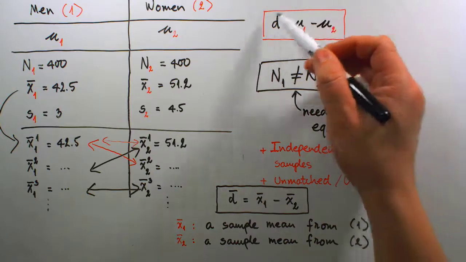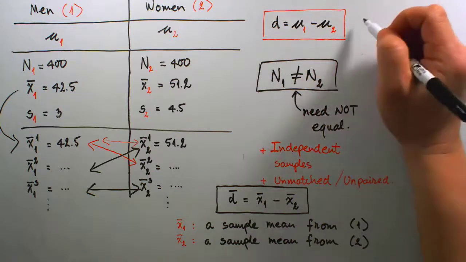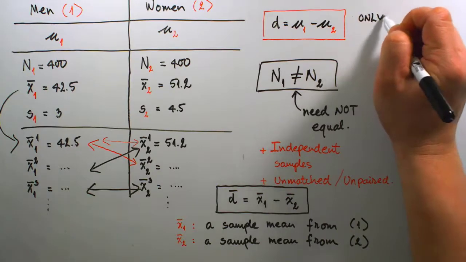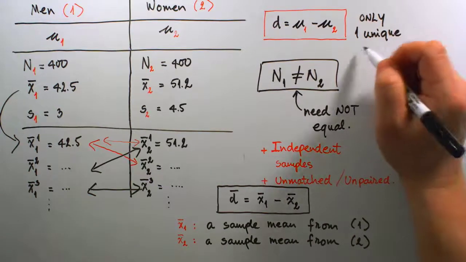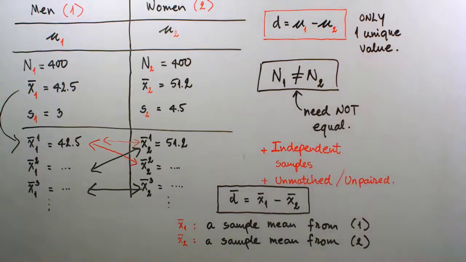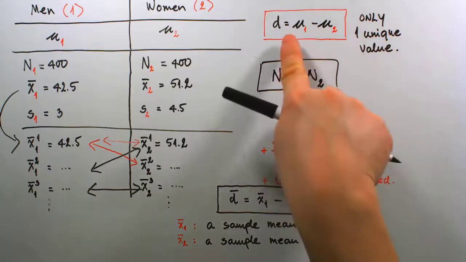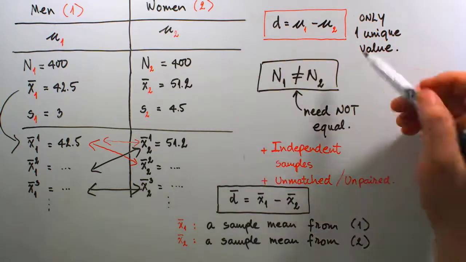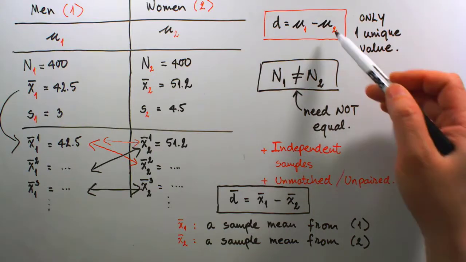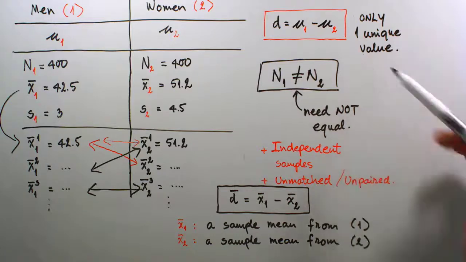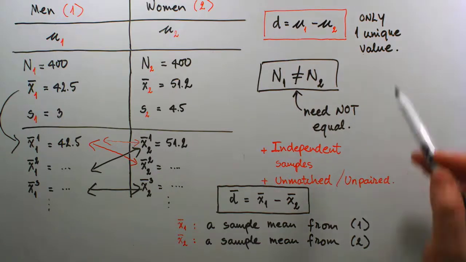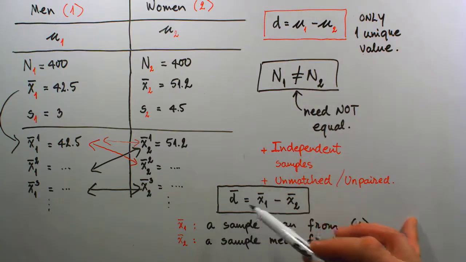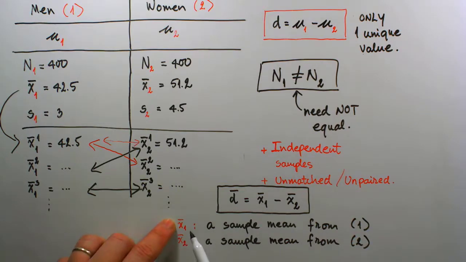But this d right here, once we can find it, this d value has only one unique value. That's what I can guarantee about this value for d. Once we can calculate it, it will only have one unique value. Take a moment to understand why. And then, in the same way, this d bar, in the way we define it, we can just pick any sample mean from population 1 and subtract any sample mean from population 2.